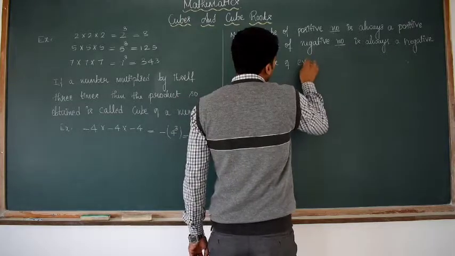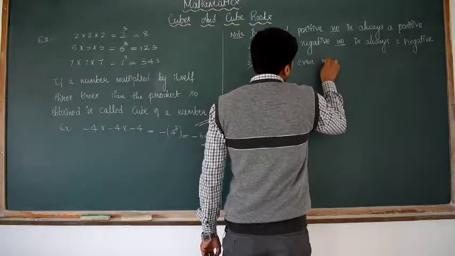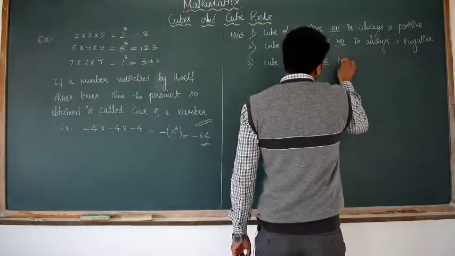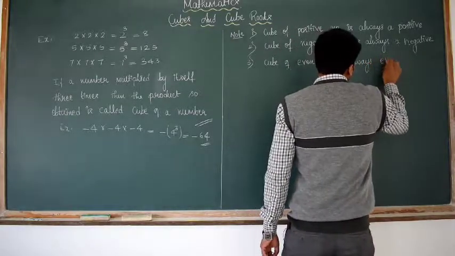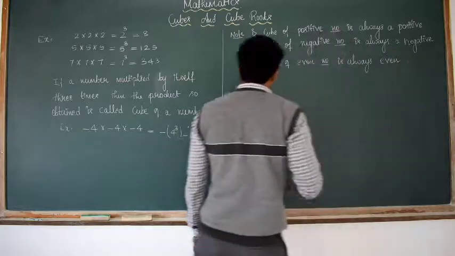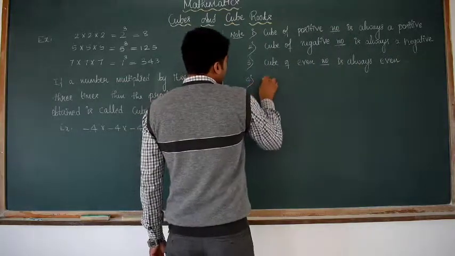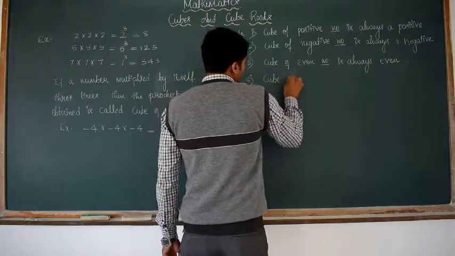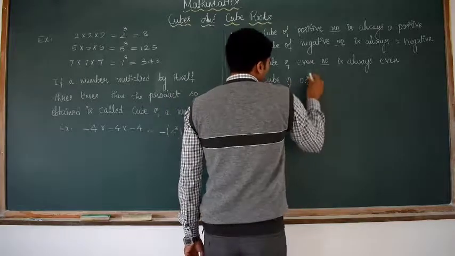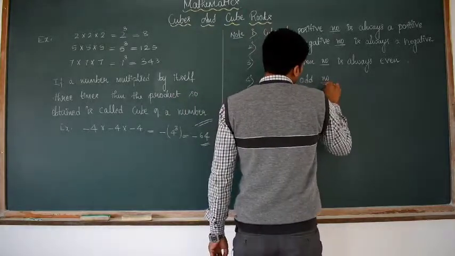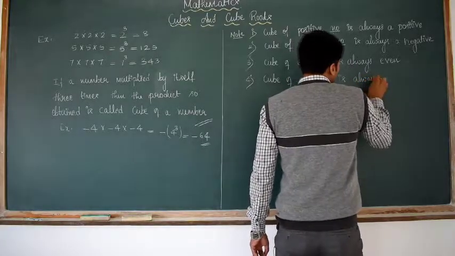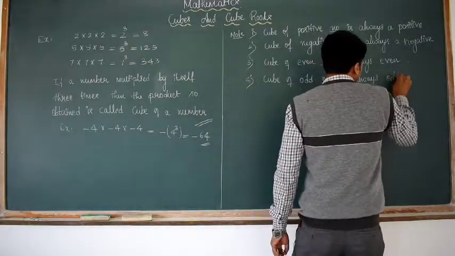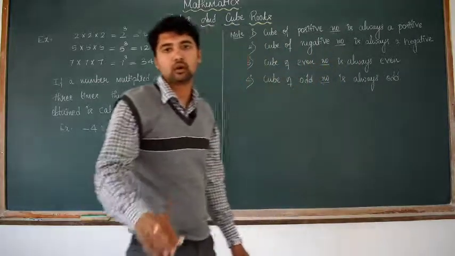The cube of an even number is always even, the cube of an odd number is always odd.